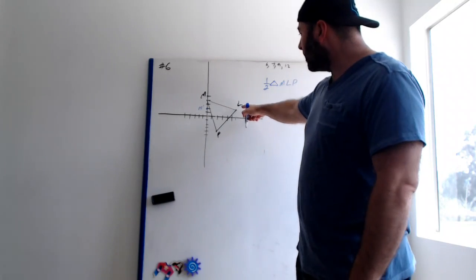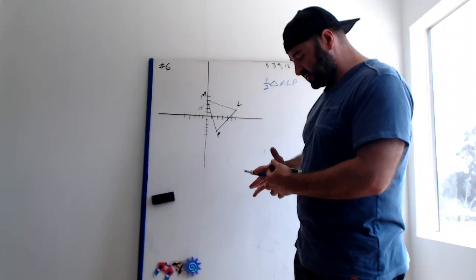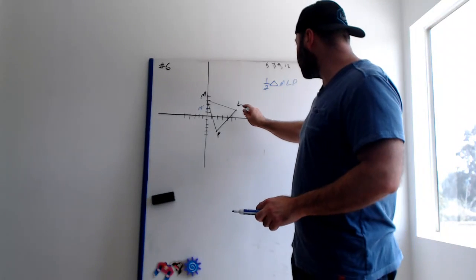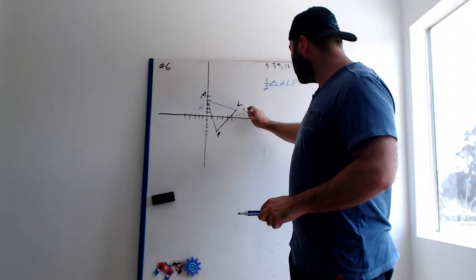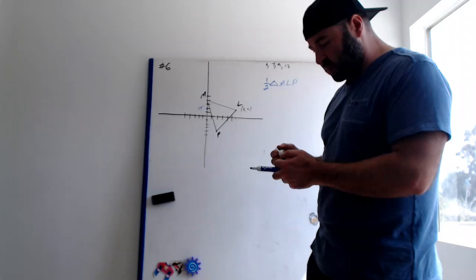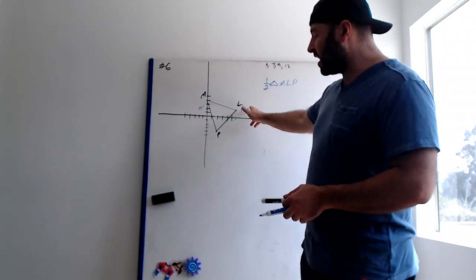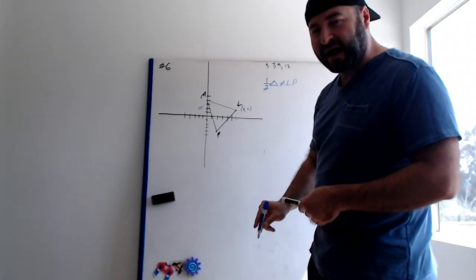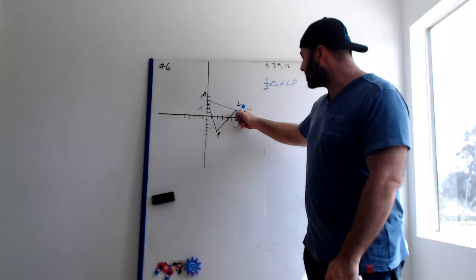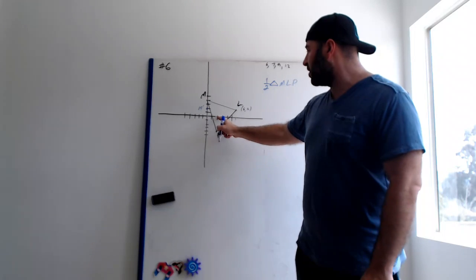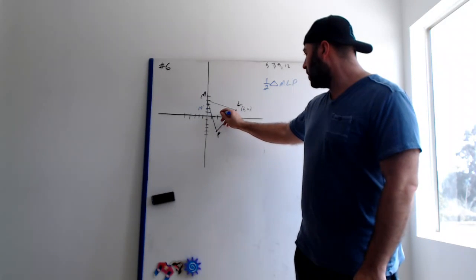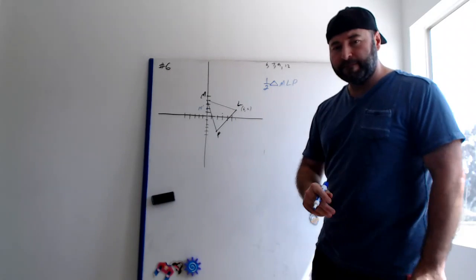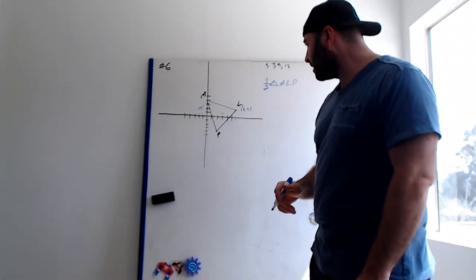Same thing with L. L is at the coordinates 6, 2. Since my scale factor is 1/2, I cut both of those in half. So instead of 6, 2, it's going to be at 3, 1.